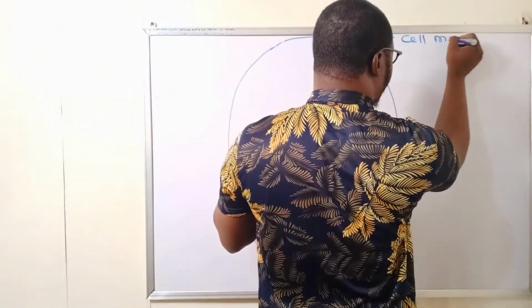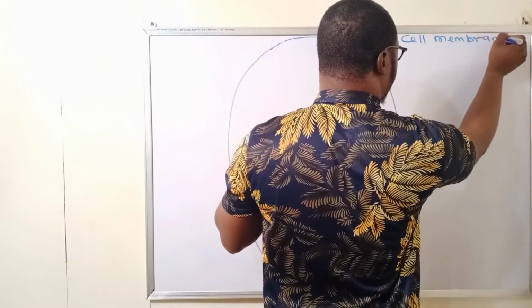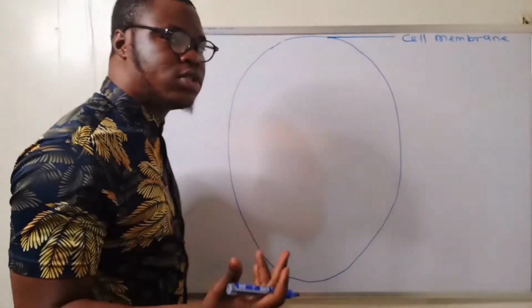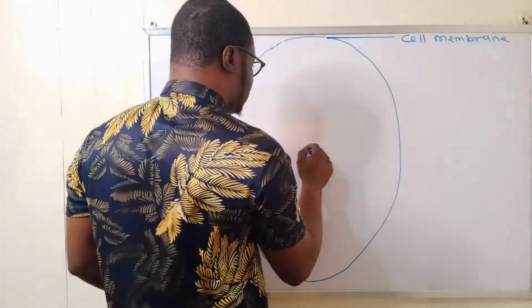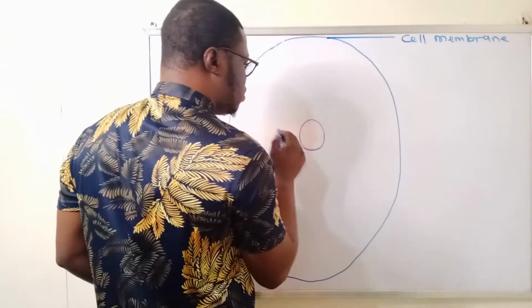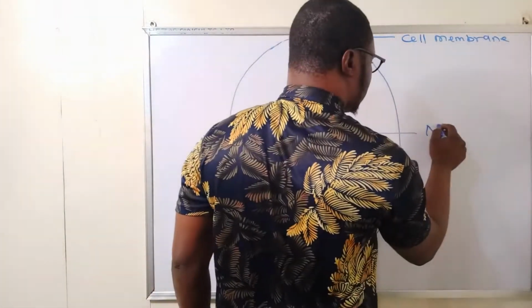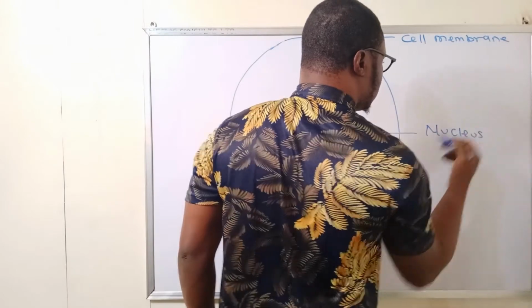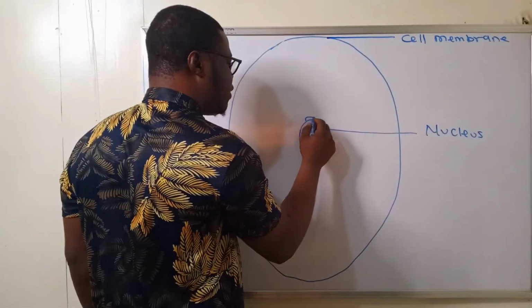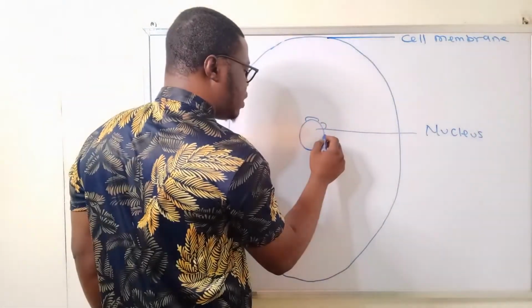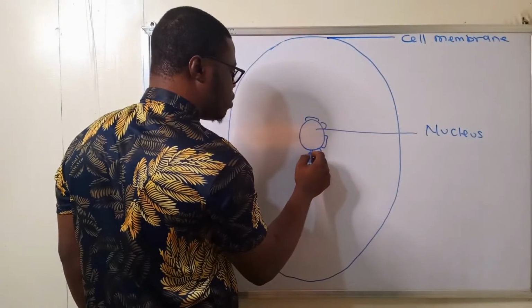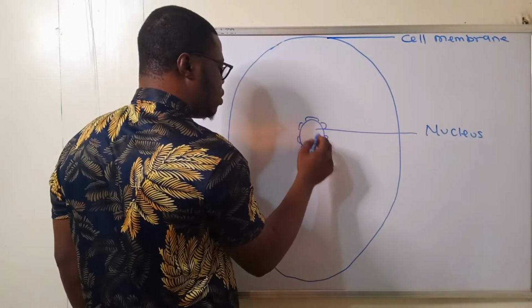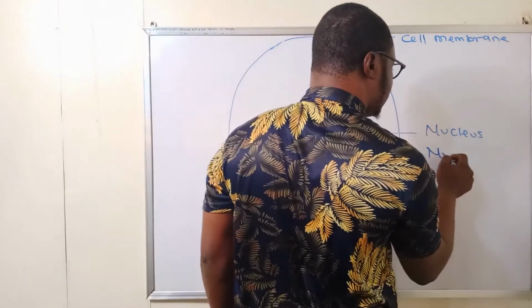So you have your cell membrane right here. And then the next component is the nucleus. So you come to the middle. This is your nucleus. And the nucleus is covered by the nuclear envelope.